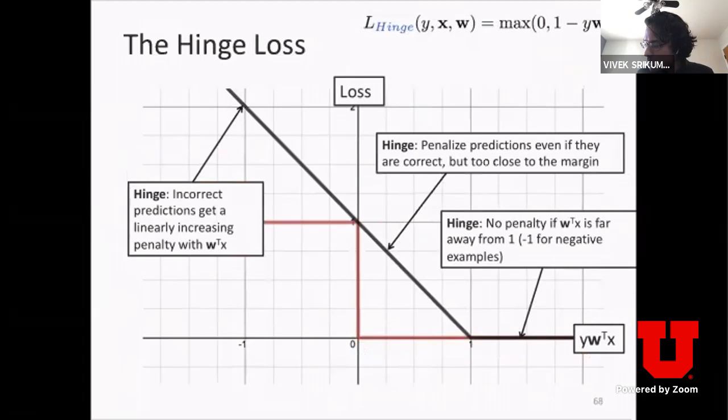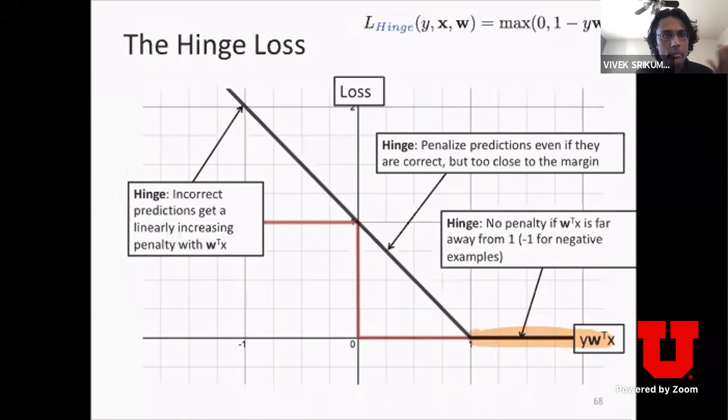So what the hinge loss says is, in this y w transpose x space, if an example lies here, if y w transpose x is more than 1, there's no penalty. If the label for a positive example is 1, then y w transpose x will be more than 1. If the label for a negative example is -1, y w transpose x should be less than -1.